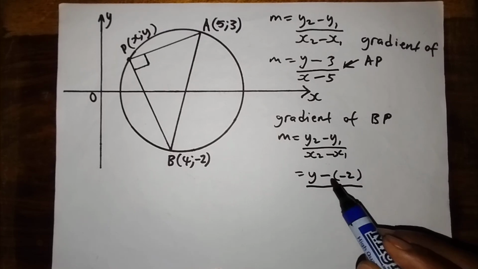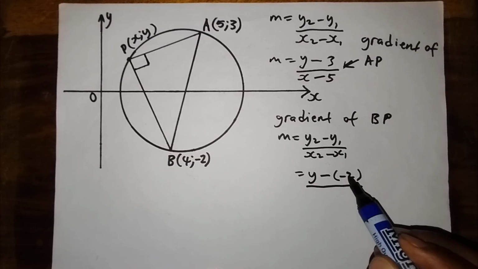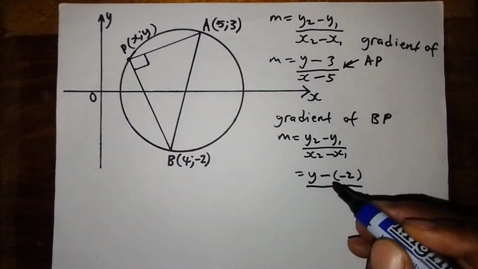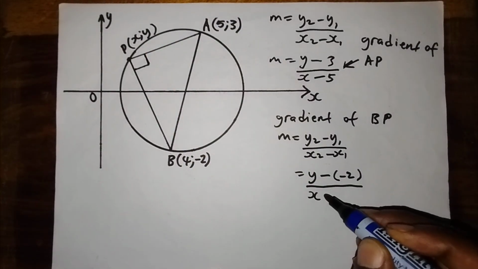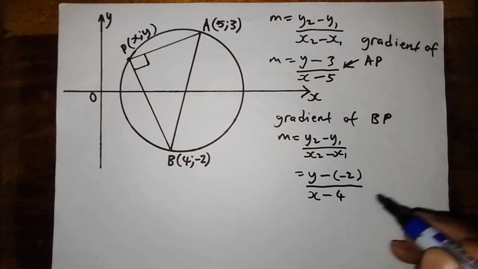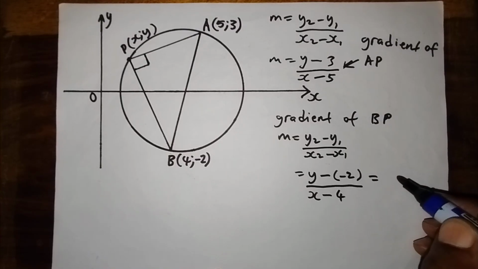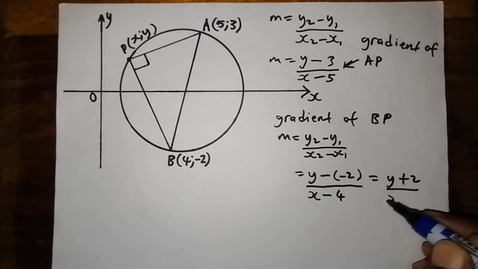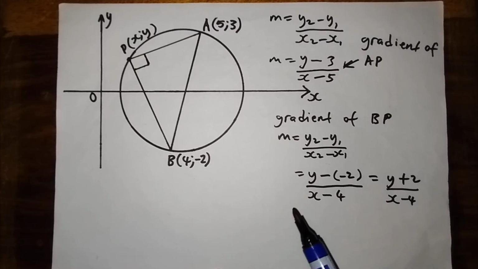It has nothing to do with this minus sign, which is already on the y coordinate. My x2, I'm going to take the x at P, minus my x1, which is this 4 here. Finally, we have y plus 2 over x minus 4. So the gradient of BP does not simplify any further than this.